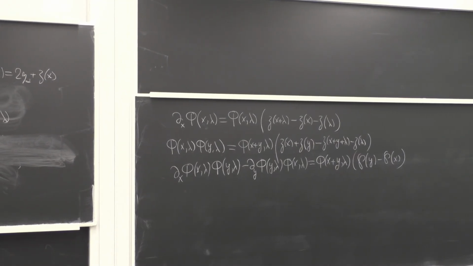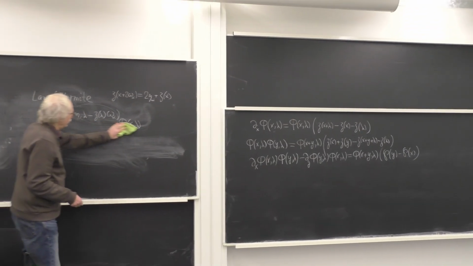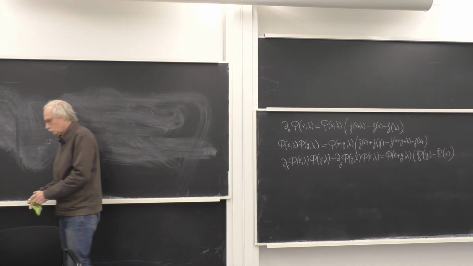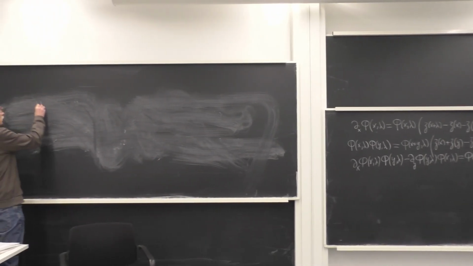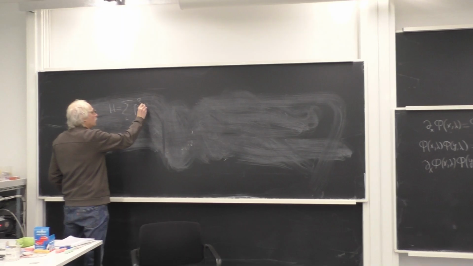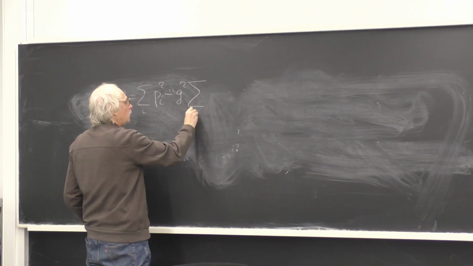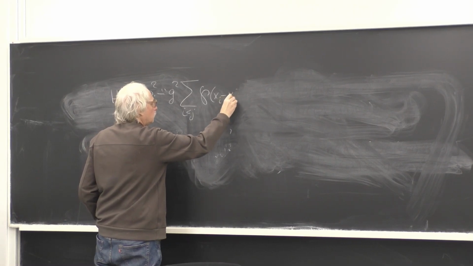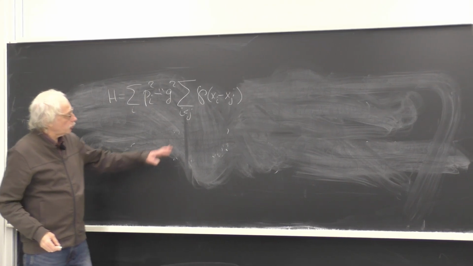Now let us introduce the elliptic Calogero-Moser system. The Hamiltonian is this.